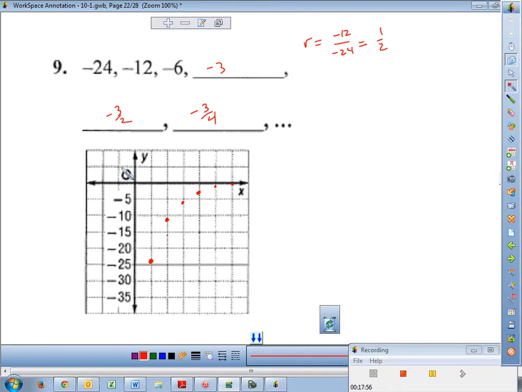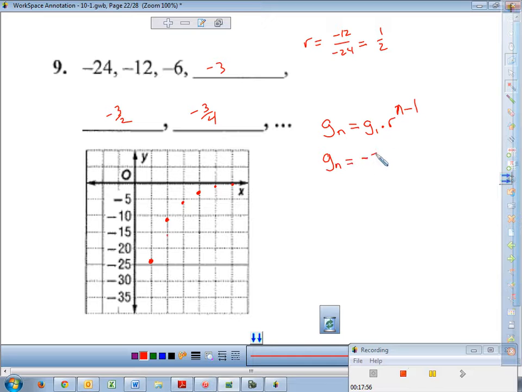Ooh, interesting. It looks like it got reflected over the x-axis, because if we write the generic formula for an explicit geometric sequence, the nth term will be the first term, which is negative 24, times the ratio, which is 1/2, to the n minus 1 power.